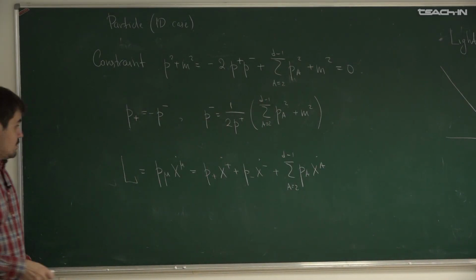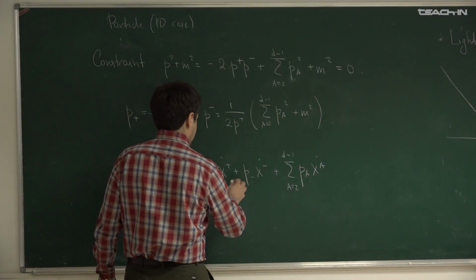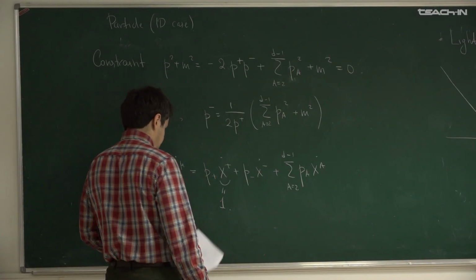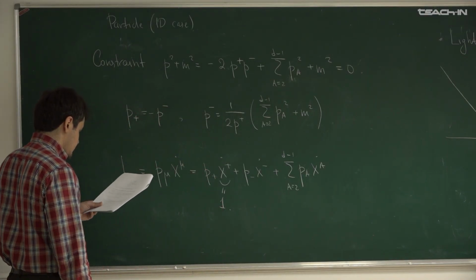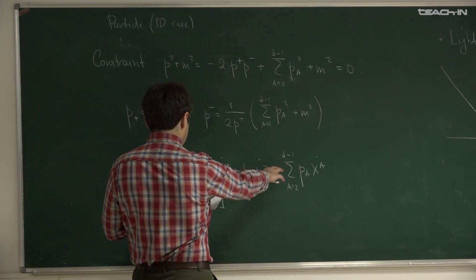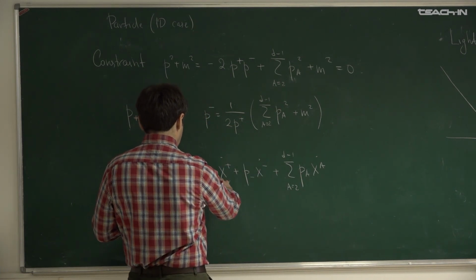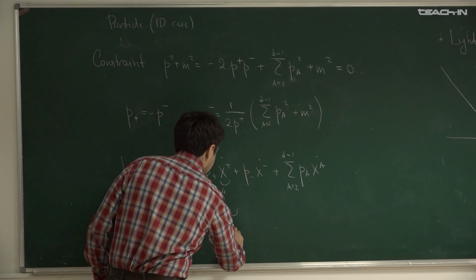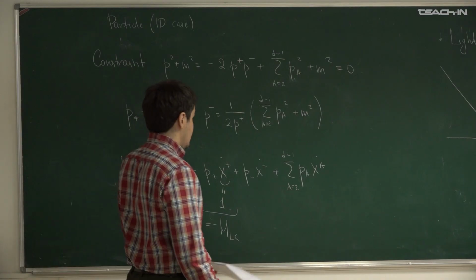So that's how it works. Okay, and so now by the same logic as we did before, this thing is 1 now. All right. So we get this p minus x minus dot plus that, and this becomes minus the Hamiltonian. So by this logic, this becomes minus the Hamiltonian in light cone gauge.